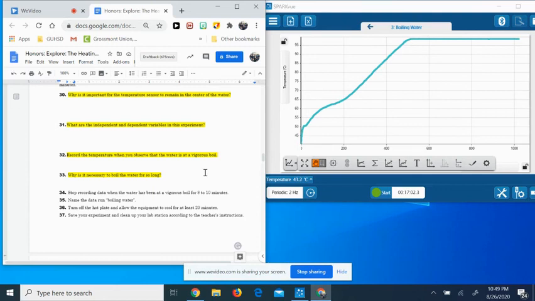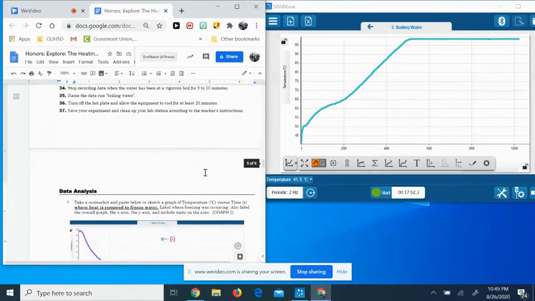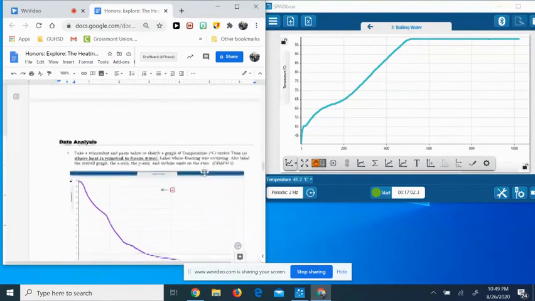Granted, I had a whole lot less material, less water. However, it takes a whole lot longer to boil off water than it does to melt solid water. Why do you think that is? Why is it necessary to boil the water for so long? Okay, I love that question.